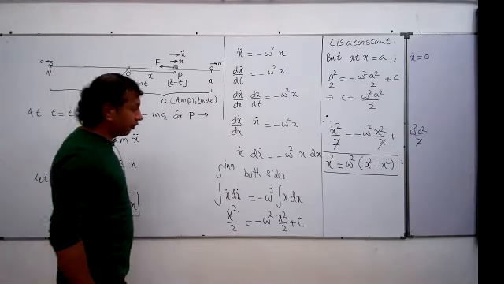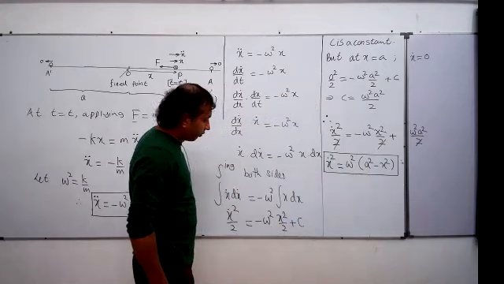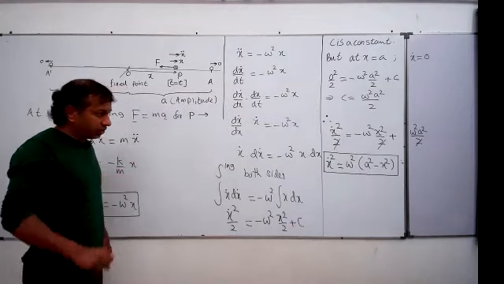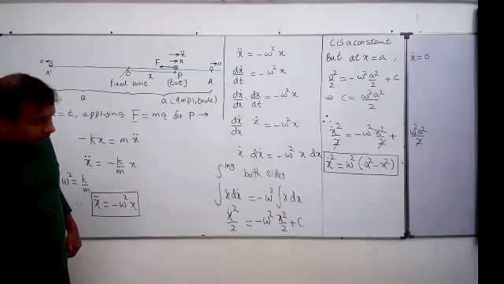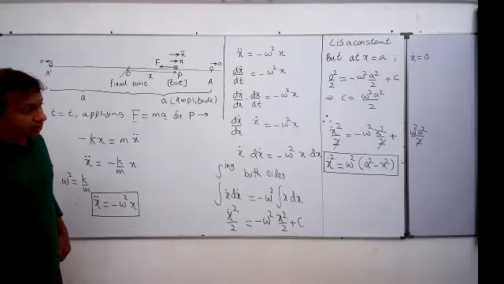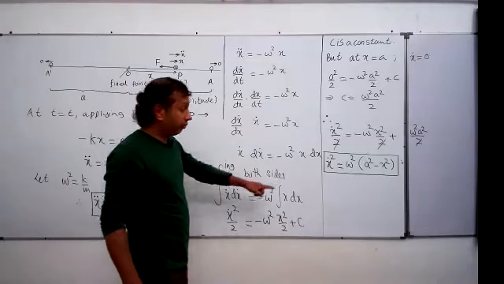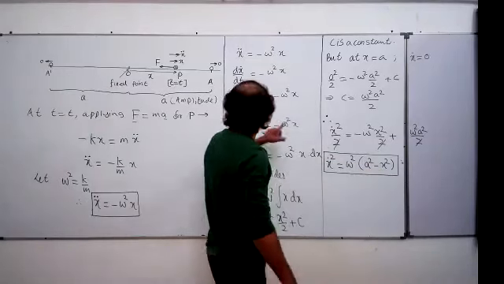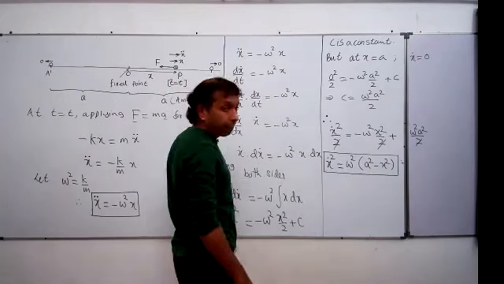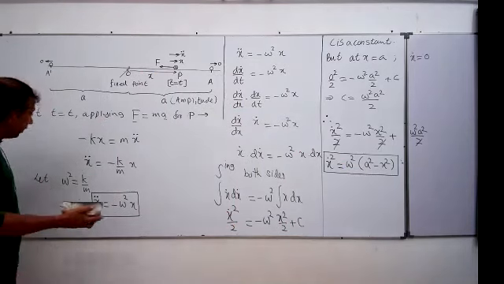Right, we'll write the meaning of this. A is the amplitude, x dot is the velocity, omega squared is the constant in the characteristic equation. X is the distance of the particle from the center. Remember, this x has been measured from the center. Okay, right.